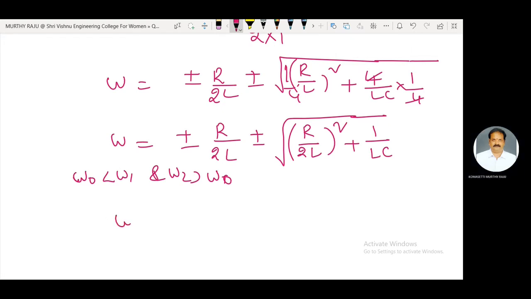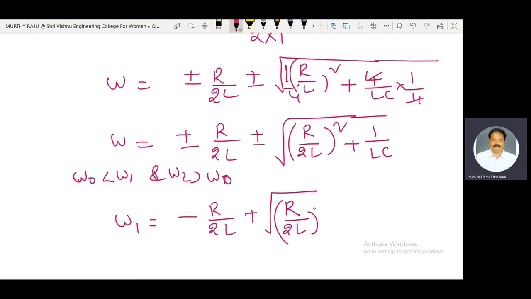At omega 1, this is the minus term: minus R by 2L plus square root of R by 2L whole square plus 1 by LC.